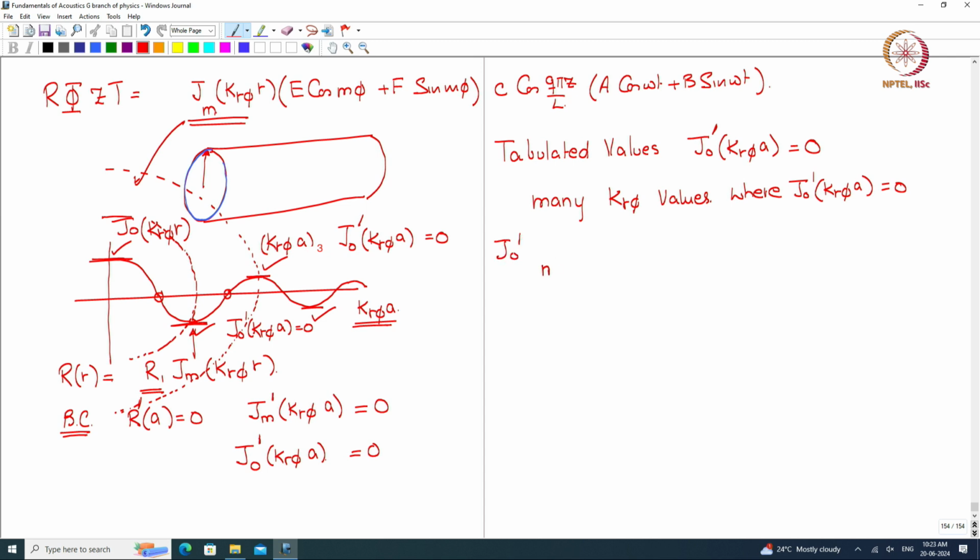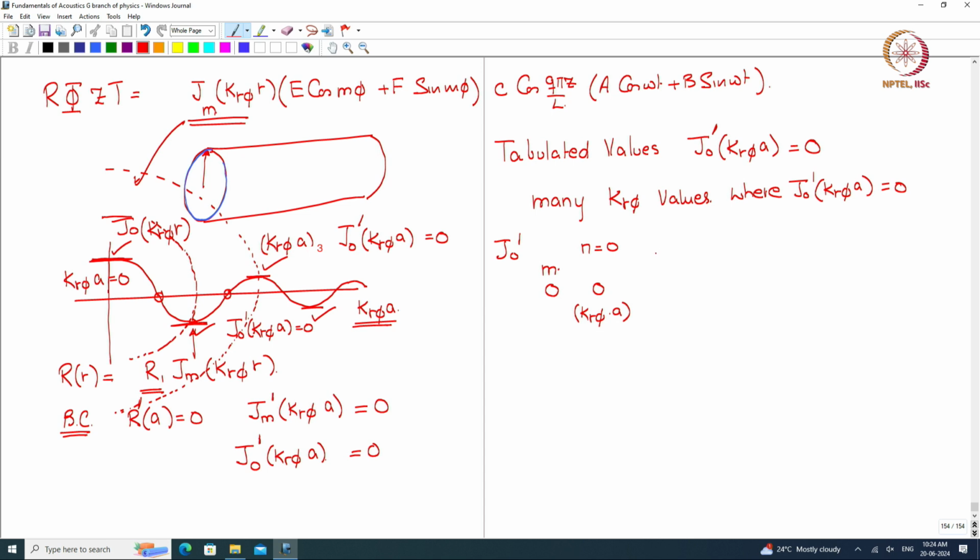For m equal to 0, which is what we are looking at, the first value is of course 0. Why? Because the J0 derivative is 0 right at 0. So at K r phi a equal to 0, you get a 0, and this is the K r phi a value.